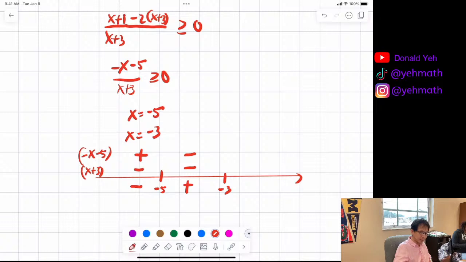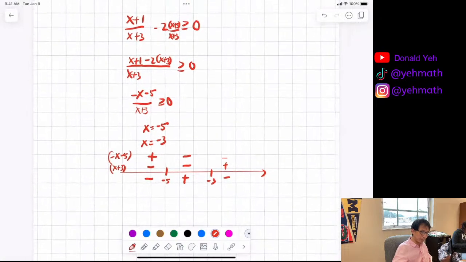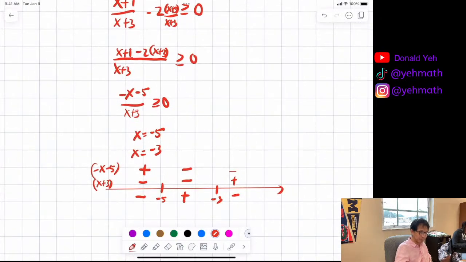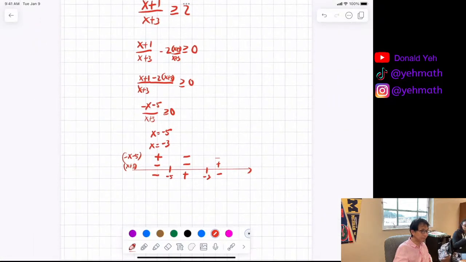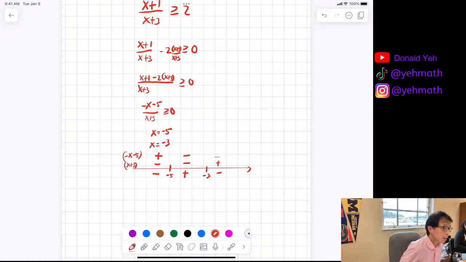If I plug in 0: negative, positive, it's negative. So greater than 0 will be answered here. Bracket -5, bracket -5, negative, parentheses, -3 parentheses.